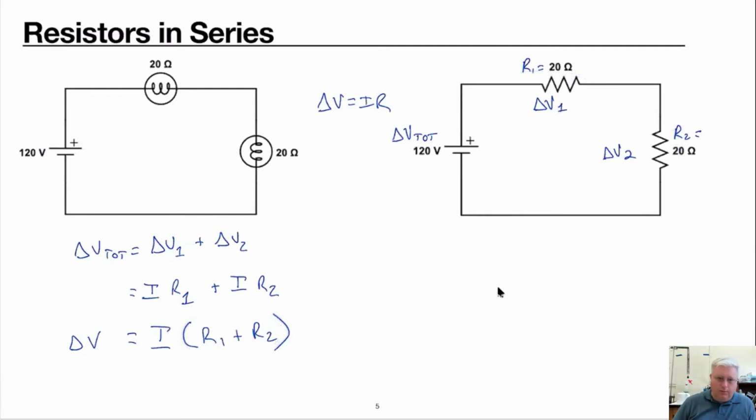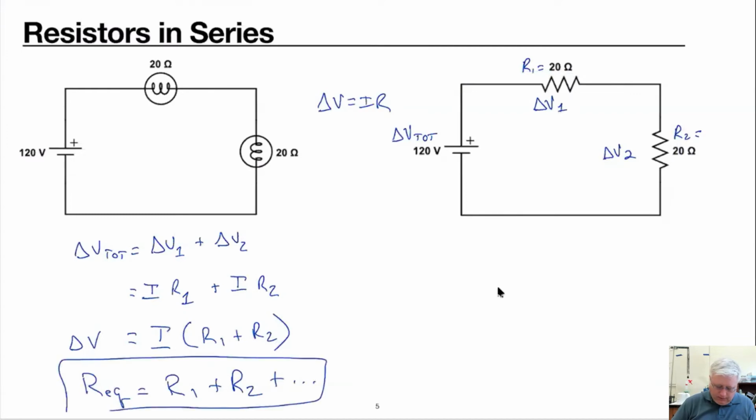And that's what we call equivalent resistance. So the equivalent resistance is just the sum of the individual resistances of all the resistors in the circuit. Resistors, light bulbs, whatever.